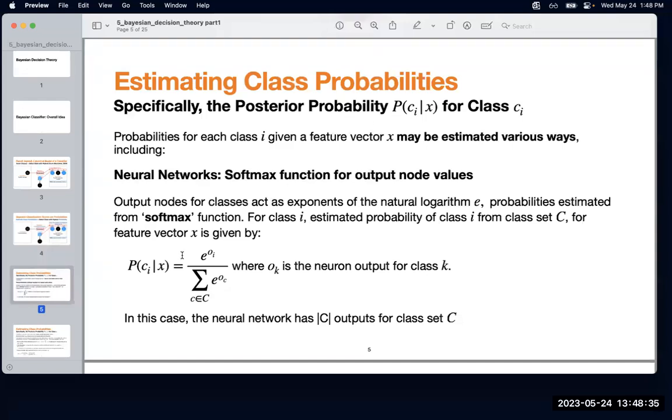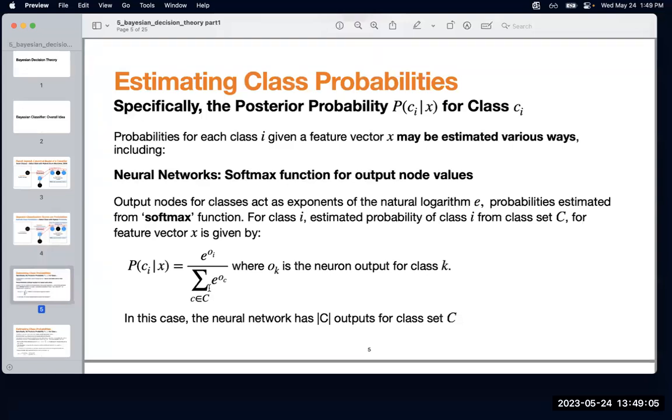The formula for the softmax is actually quite simple. It's just the constant e to the power of the output, divided by the sum of e to the power of every other output that we have. Essentially, in the denominator, you are iterating over all the outputs, so every class output that you have.